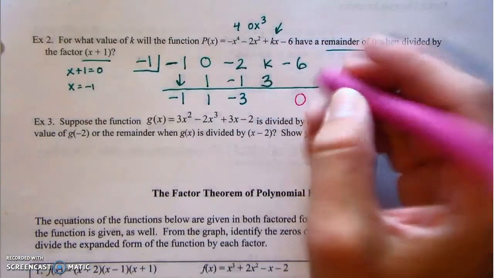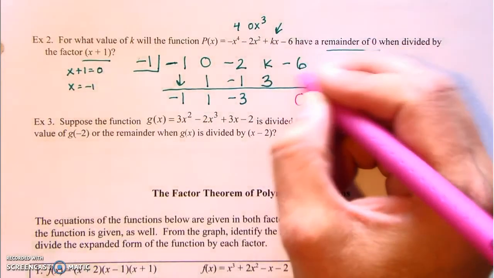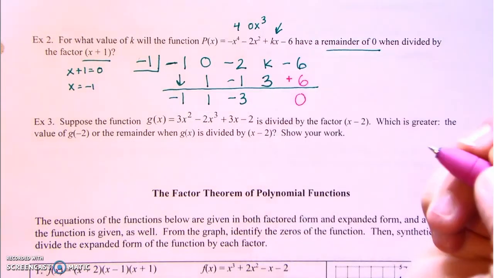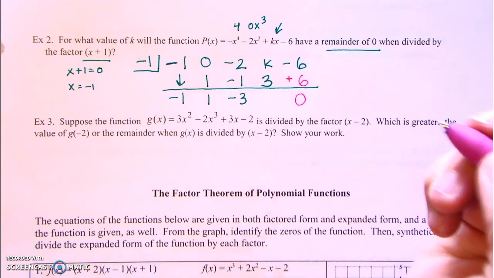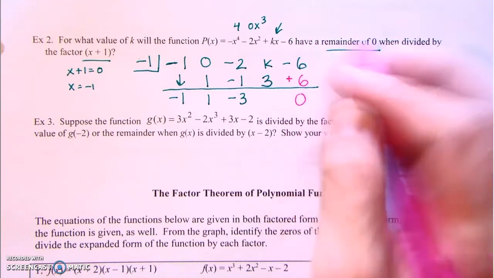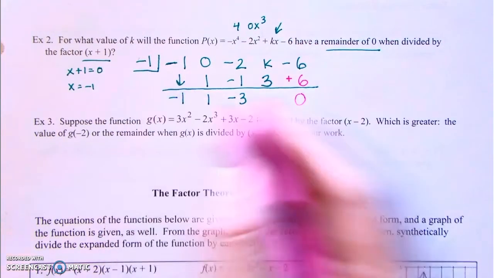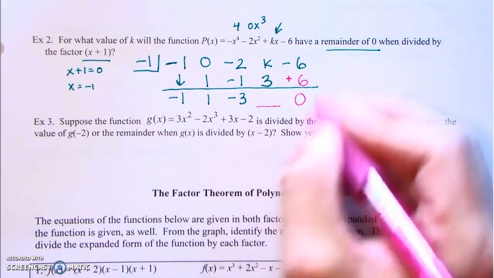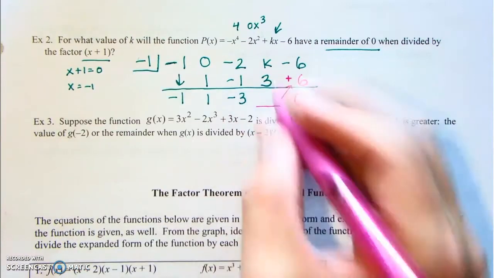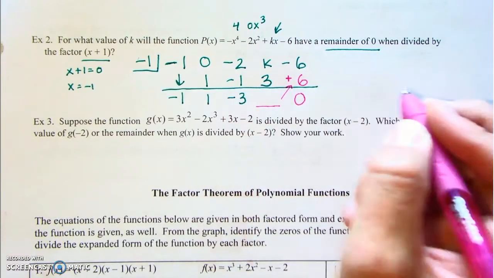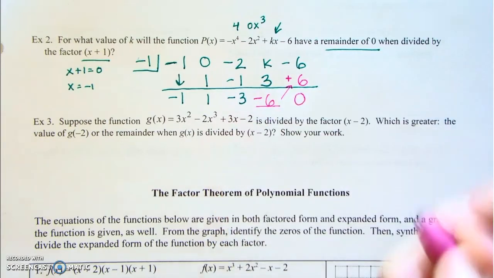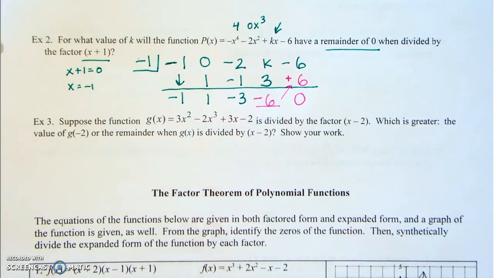If this is 0 and this is negative 6, what number has to go here? Positive 6? Okay. If this has to be positive 6, negative 1 times what number goes to positive 6? Negative 1 times negative 6? Do you agree?